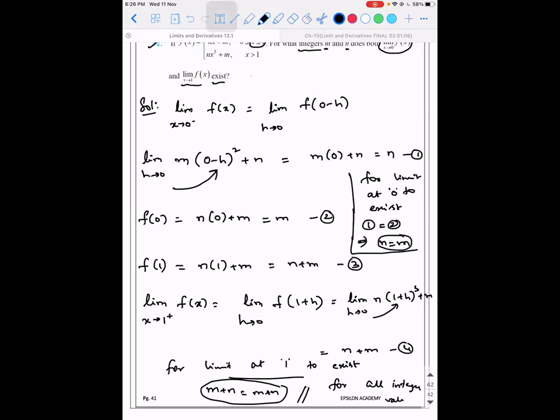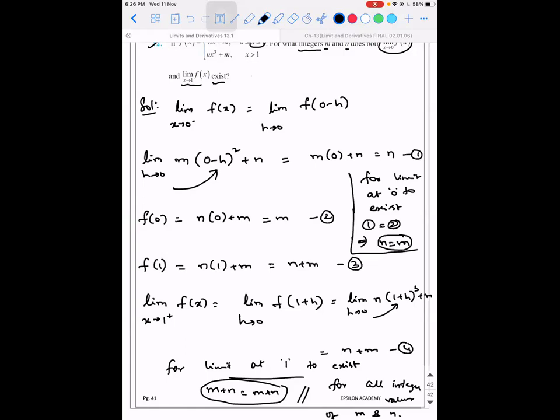For all integer values of m and n, the given conditions will get satisfied. Am I clear? I hope you understood why I told for.